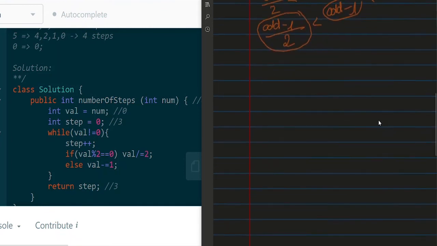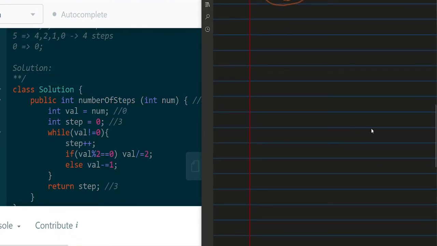Now let's apply it to this step. We just care about the even number divided by 2, right? So let's say we have n as the starting num, and then for every step n has to divide itself by 2, and divided by 4, and divided by 8, until n divided by itself is equal to 1, right?